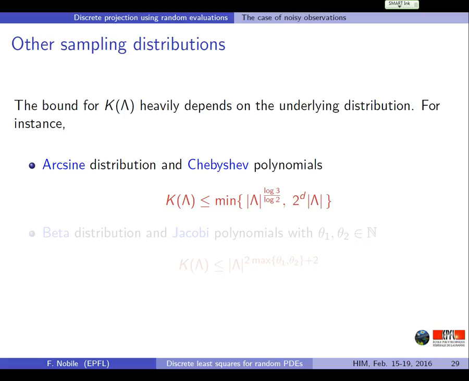So most indices have only a few of the parameters actually active, and so not 2 to the d, but 2 to the number of active ones. That's correct, and this is precisely the argument used here to get this other scaling.